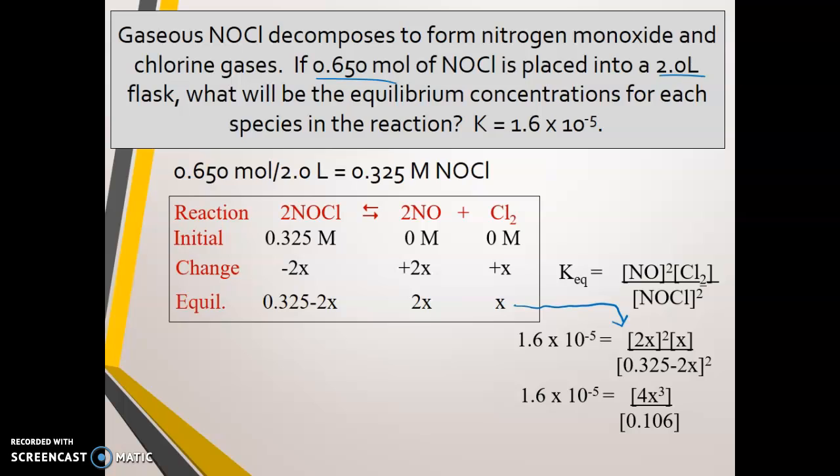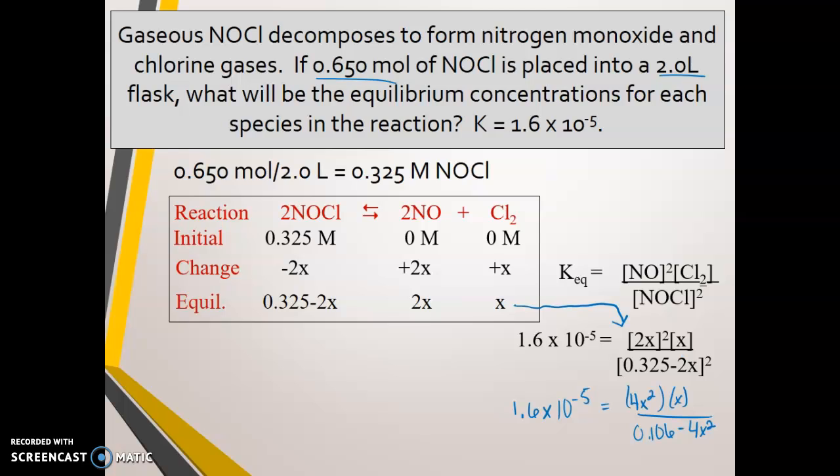And solve this down a little bit further. So we're going to get 1.6 times 10 to the negative fifth is equal to 4x squared times x, divided by 0.106 minus 4x squared.